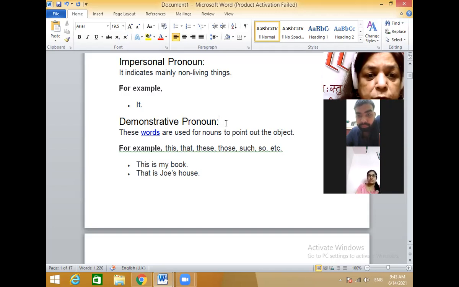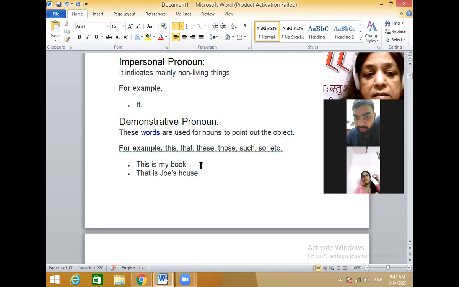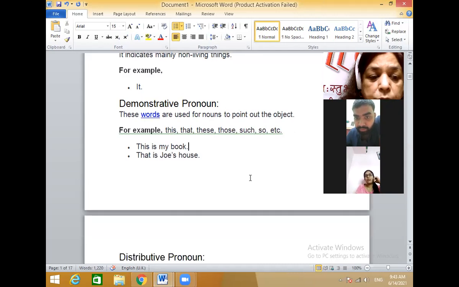Do not be confused with demonstrative adjectives. Adjectives always describe a noun, like this book is mine, right? This book is mine. This is my book. These are your bags. Those are your bikes. So this, that, these, and those.